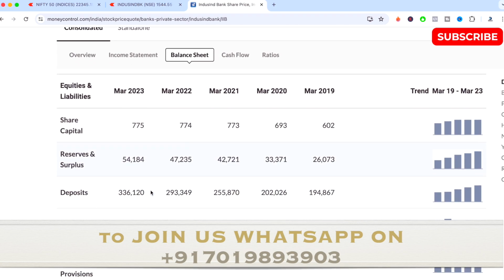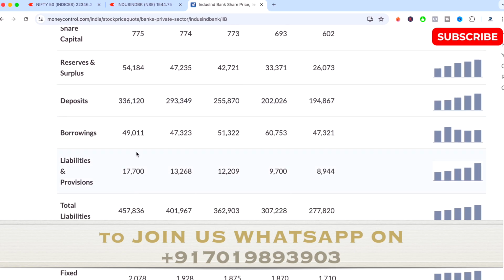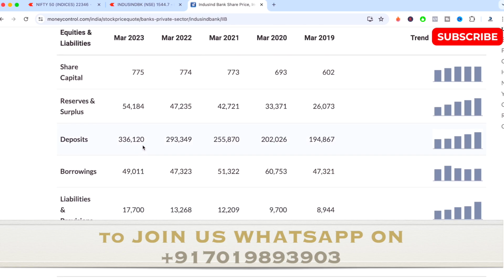And this is the balance sheet. You can see the share capital is almost stable for the last 3 years, 773, 774 and 775. Okay, you can see how the deposits and the borrowings are. The borrowing has actually decreased. You can see here in March 2020 they had borrowing of 60,000.